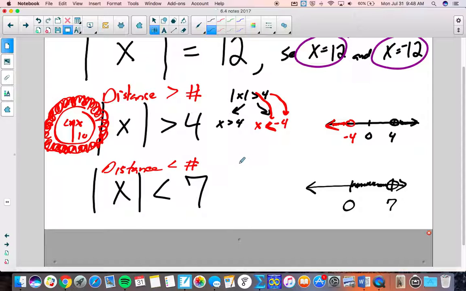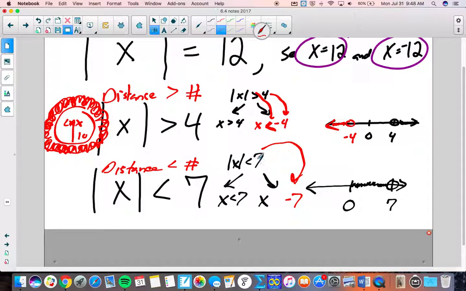So we can do this split thing again. I'm going to do the algebra behind it now. So x is less than 7. I've dropped the absolute value signs. That's one of my solutions. Let's drop the absolute value signs now, but then I need to make this a -7.